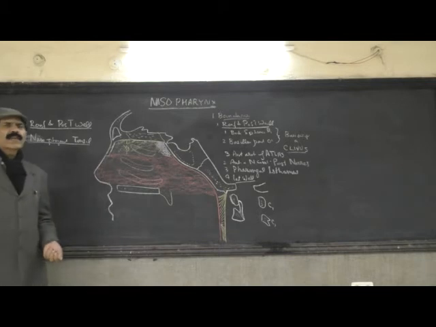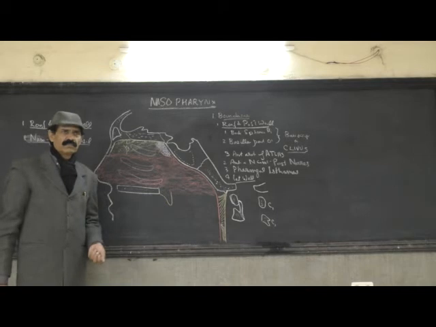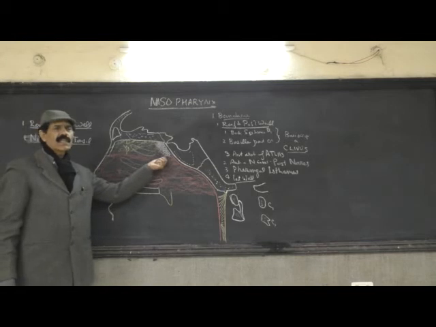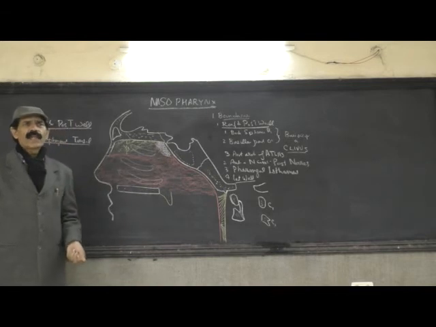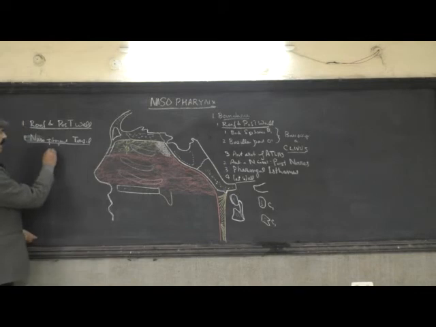In the adult it becomes atrophic. But in children it is very active, and any infection of this lymphoid tissue, the nasopharyngeal tonsil, leads to enlargement, and that condition is called adenoids.